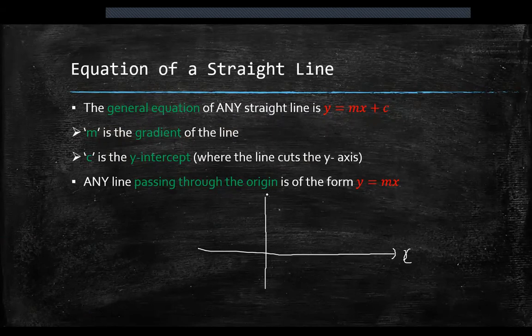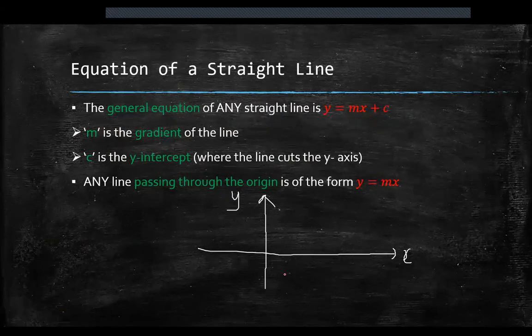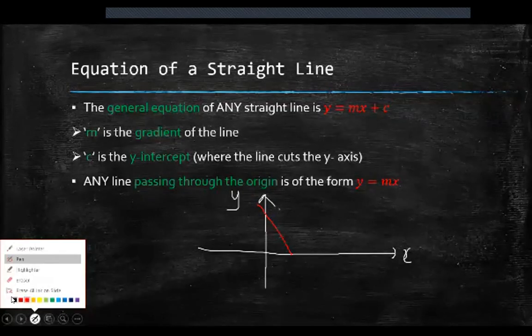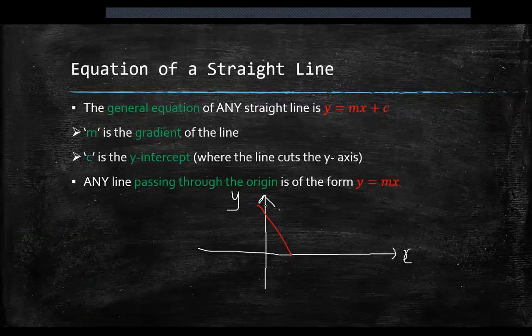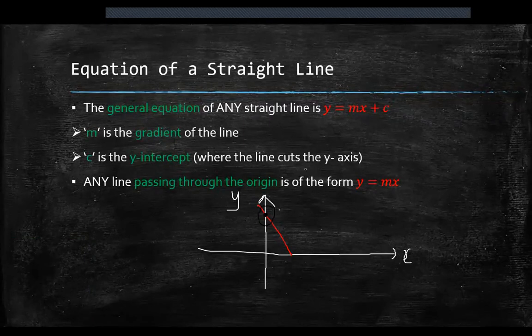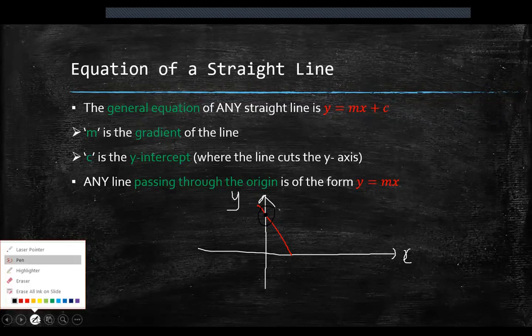So this is x, and this is y. And I had a straight line. Say I have a negative gradient. My line is going like this. Wherever the line, the red line, touches the white line, in this case, it will be that point right there. That will be my y-intercept. So it's wherever the line cuts the y-axis, that's known as my y-intercept. Everybody understands that?